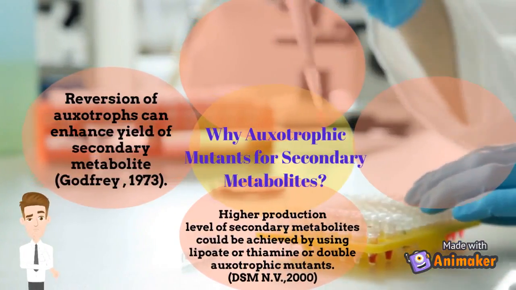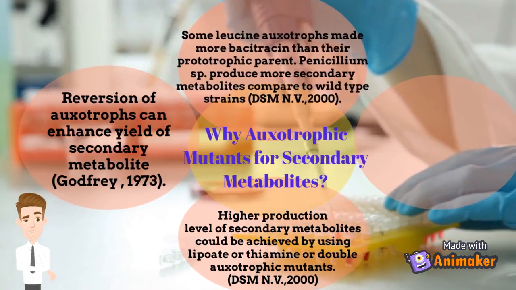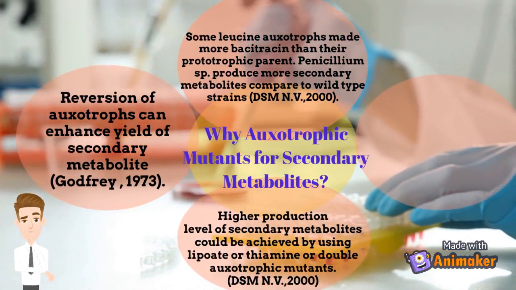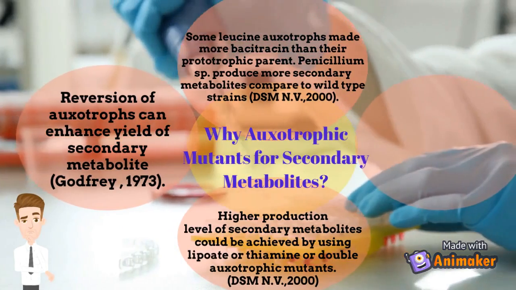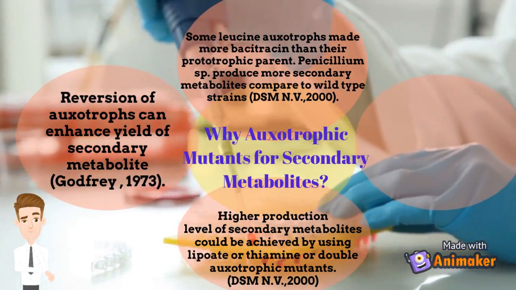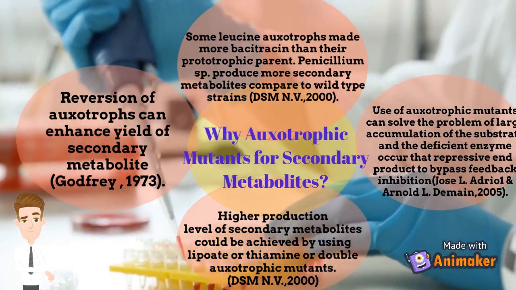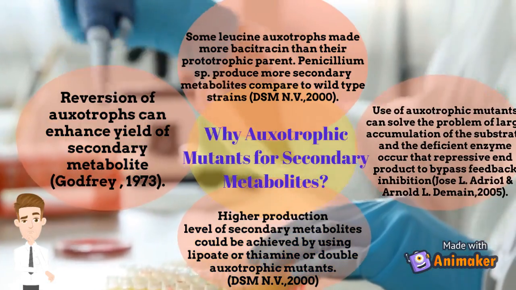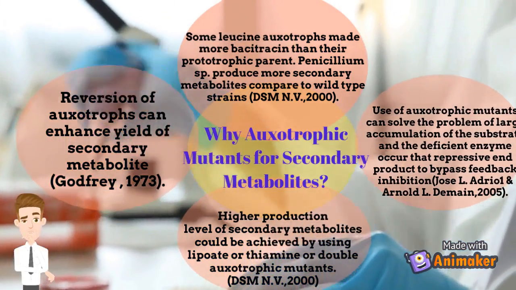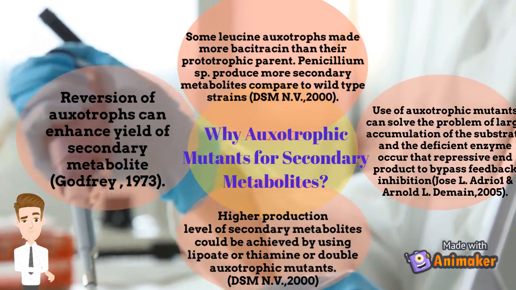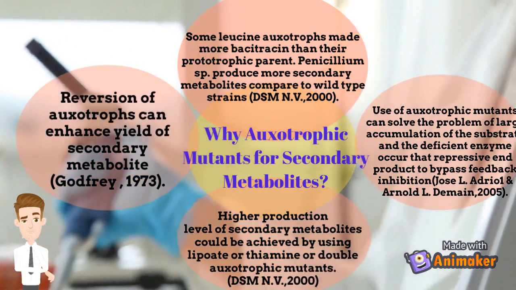For instance, some leucine auxotrophic Penicillium sp. will produce more secondary metabolites when compared to their prototrophic parents. Another use of auxotrophic mutants is to solve the problems of large accumulation of the substrate and the inhibition of the enzyme that will occur from the end product.